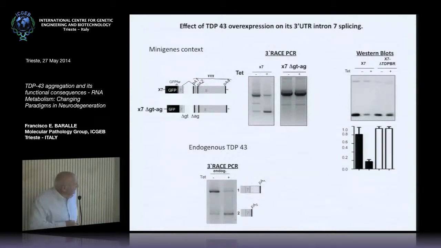We studied the mechanism a little bit, and I'm going to go fast because I know that this may not be of general interest for neurodegeneration, although I think it is. We made the hybrid of GFP with the 3' UTR of TDP that contains this area here that we call intron 7, and in collaboration with Int'l, we have found a lot of TDP-43 binding sites.